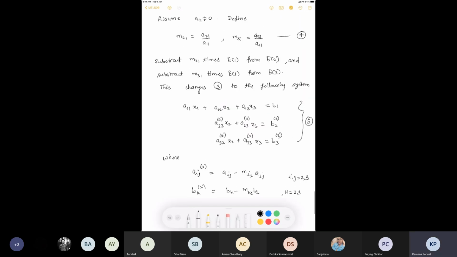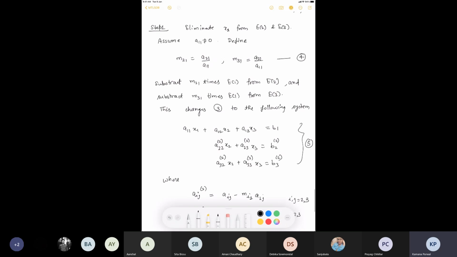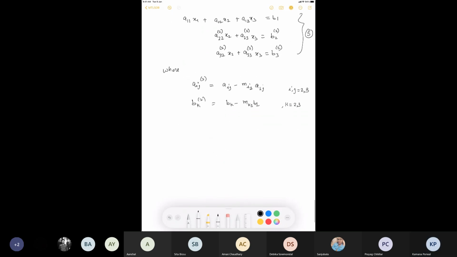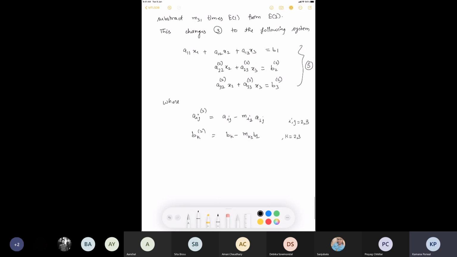Okay, so these are the new coefficients which we will have in this reduced system. Now, what is the next step? So we have eliminated x1 in the first step. The next step is that you assume that this coefficient is non-zero, and then we are going to eliminate x2 from the third equation.